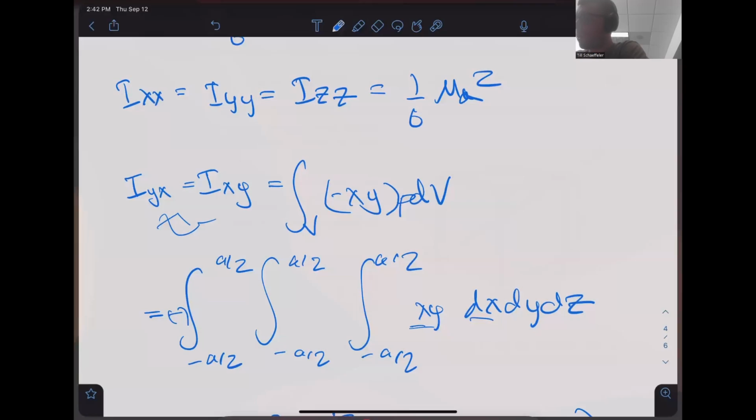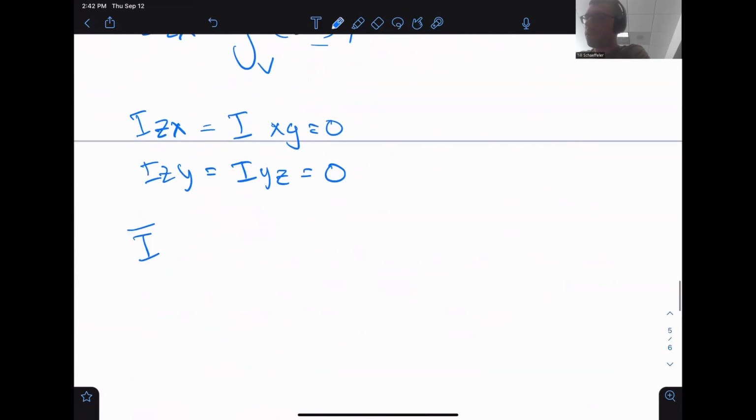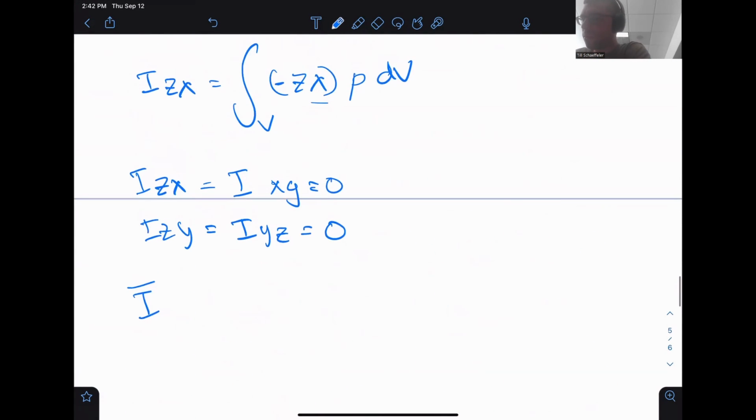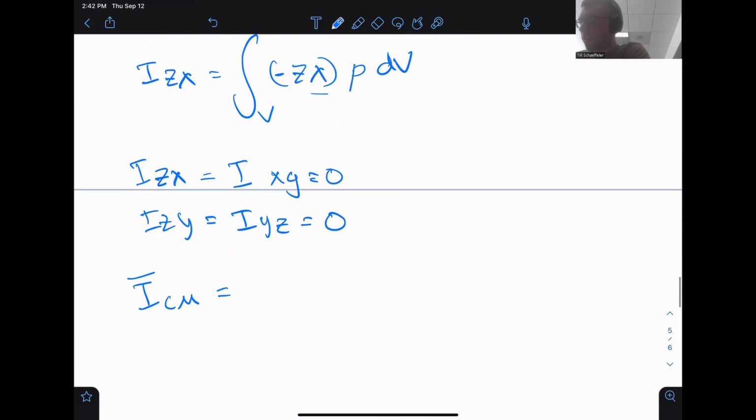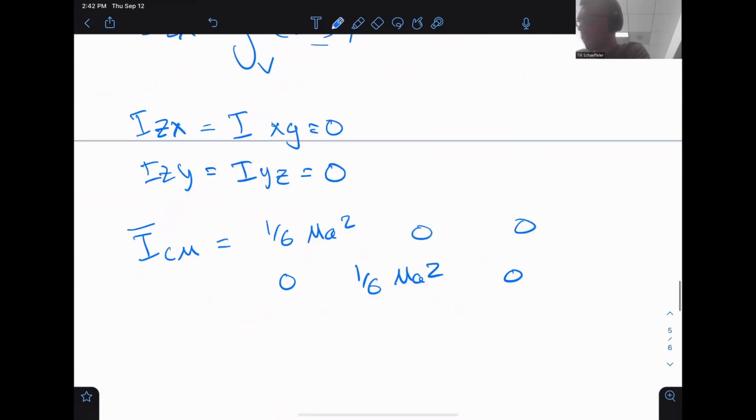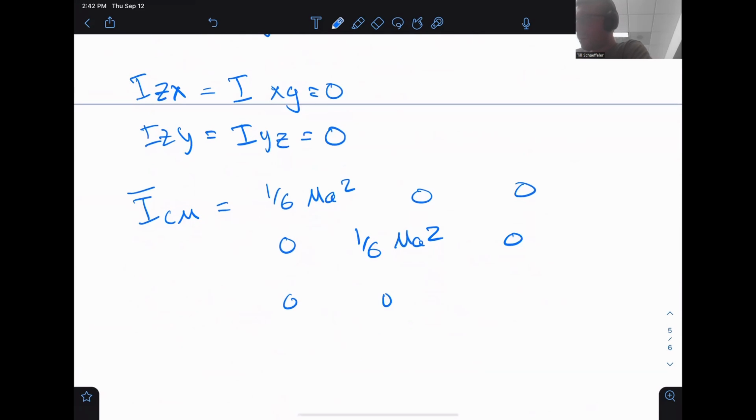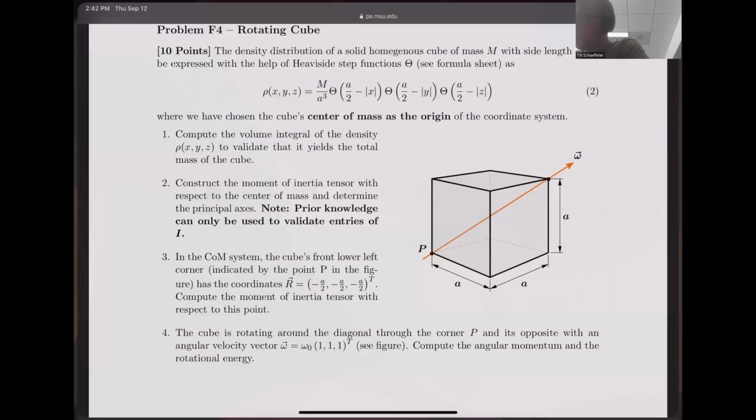So I'm going to write it, because that's going to be important for the next part. Here, I'm just going to write the moment of inertia tensor with a subscript center of mass like that. So that's the answer to part 2 of the problem.